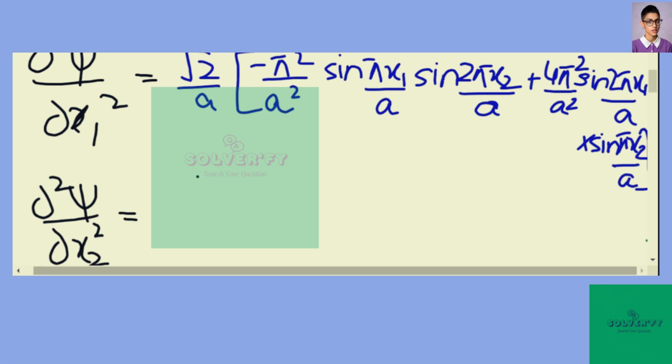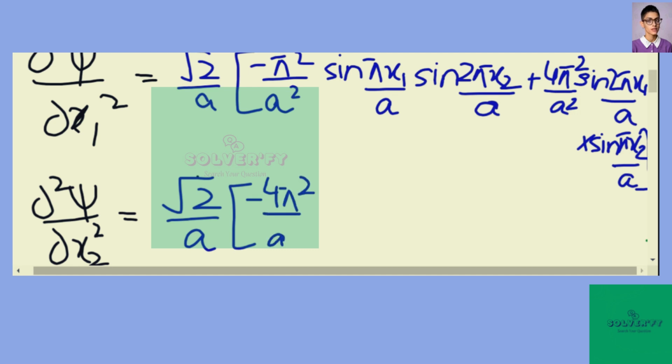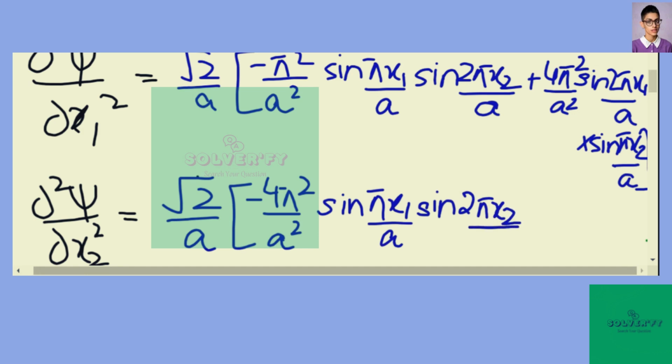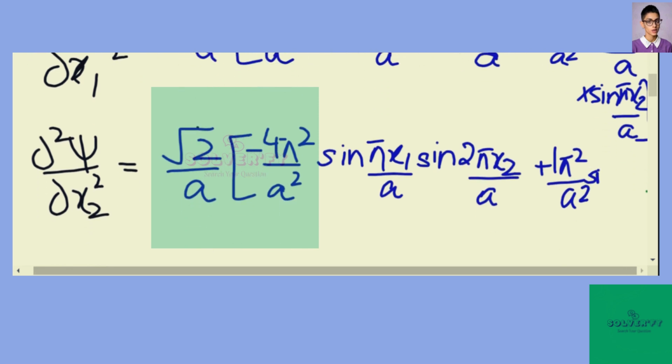That would be root 2 divided by a, negative 4 pi squared divided by a squared times sine pi x1 divided by a times sine 2 pi x2 divided by a, plus 1 times pi squared divided by a squared times sine 2 pi x1 divided by a into sine pi x2 divided by a, square bracket closes.